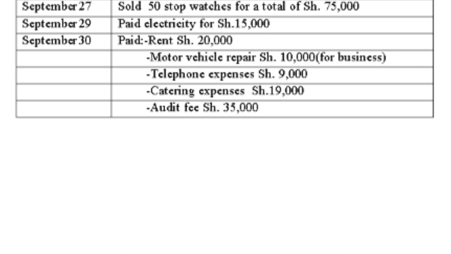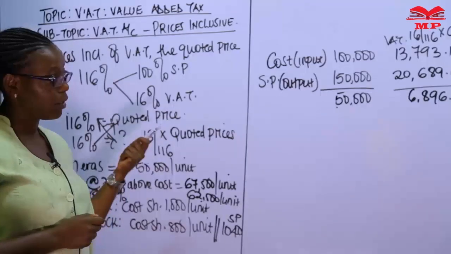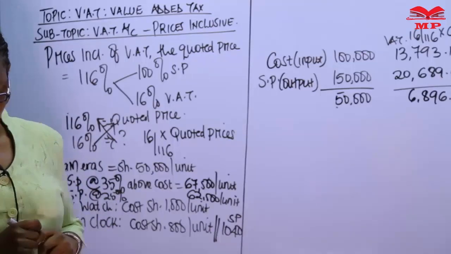So though they paid input VAT on catering services, they are not allowed by the commissioner. The act does not allow them to deduct input VAT suffered on catering expenses. Audit fee attracts VAT, and that is an input. So that is input VAT. All transactions were inclusive of VAT at the rate of 16% where applicable. So we are going to use 16 over 116 times the value of the transaction.